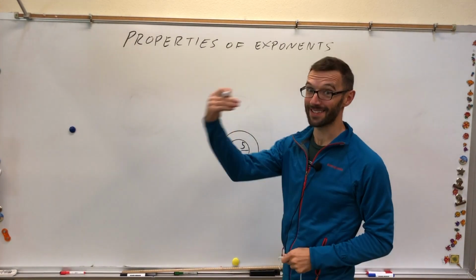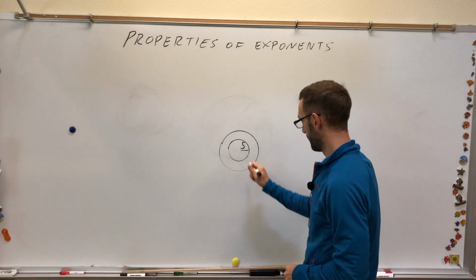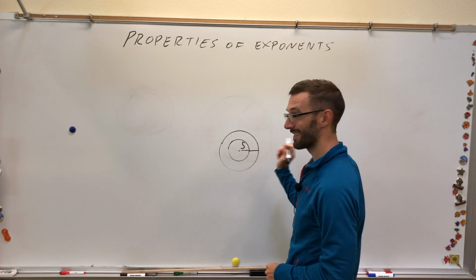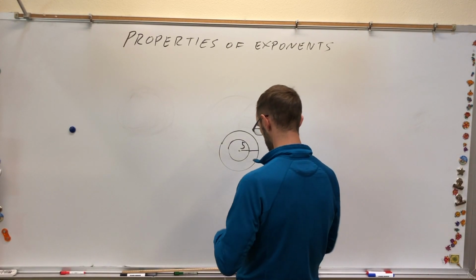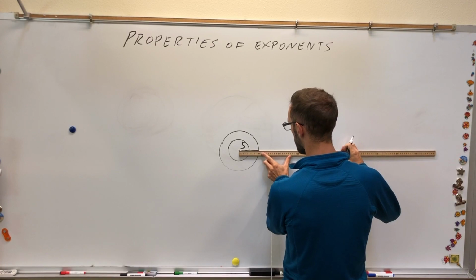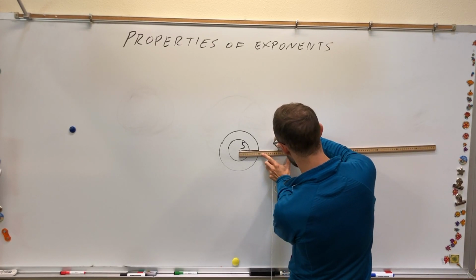Now we're going to double that. So from here, the center, to this point out here, that's 10 centimeters. So we're going to double that, so that shall be 20, which puts us right here.